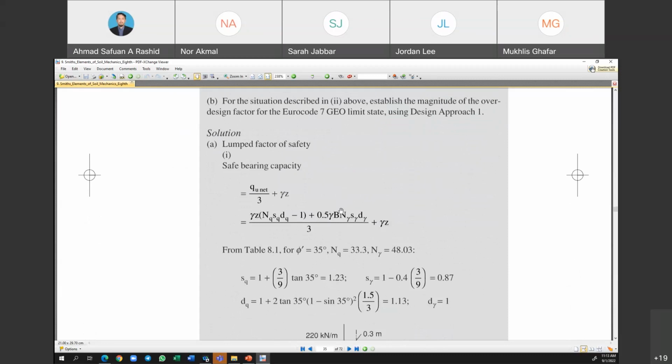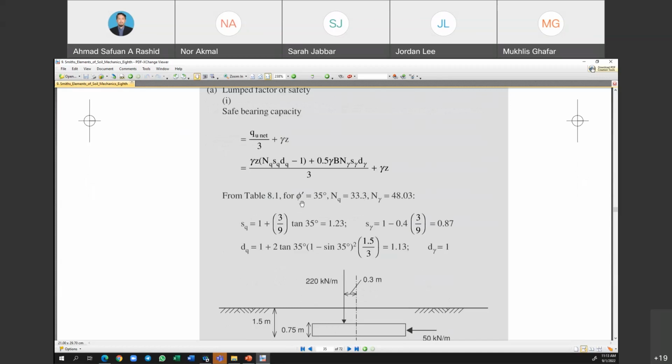Only sub equation number 2 and sub equation number 3. So just repeat the same procedure, with phi of 35, NQ 33.3 and N gamma 48.03. So there we have SQ, TQ, S gamma, and gamma.